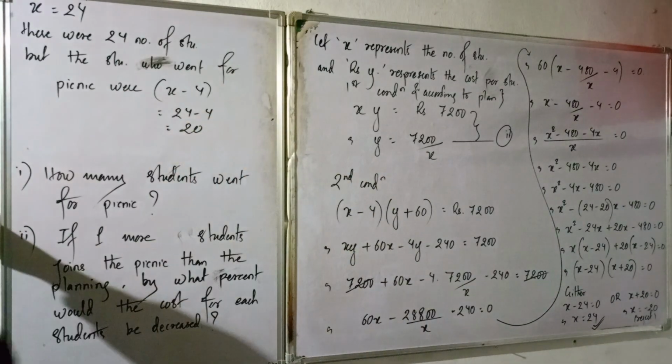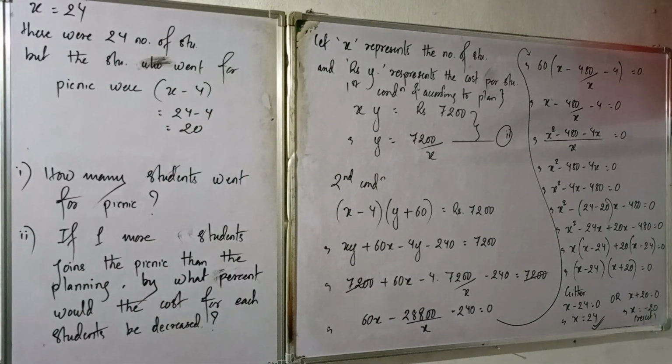So 20 students went for the picnic. Actually the total number of students was 24, but due to the 4 students' absence, only 20 students went for the picnic. So this is the answer for number I.